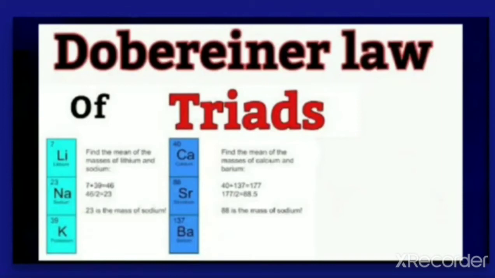So in the triad, there are 3 elements showing similar properties, and the atomic mass of the middle element is similar to the arithmetic mean of the other 2 elements. This was given by the German scientist John Dobereiner.